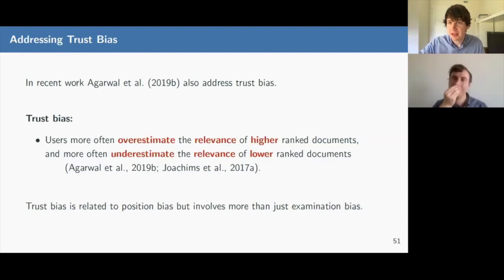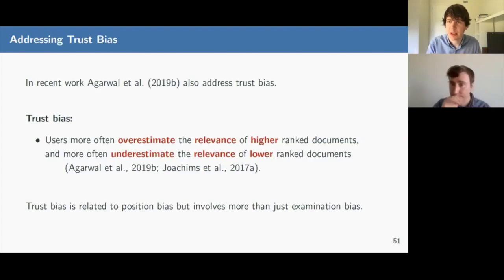So if it thinks that this should be the first document, then probably it's right, and probably this document is relevant, even though they might themselves not have guessed that it was relevant. So they will click on this document because they trust the search engine, and they're going to overestimate the relevance because of this trust. And this will happen more on higher ranked documents than on lower ranked documents. Further down the ranking, it's less likely that people think this is going to be relevant. In fact, they're more likely to underestimate the relevance there.